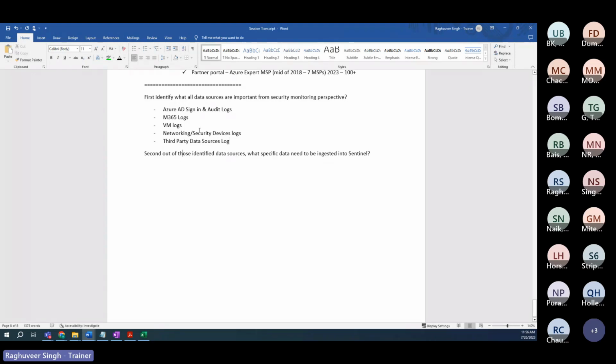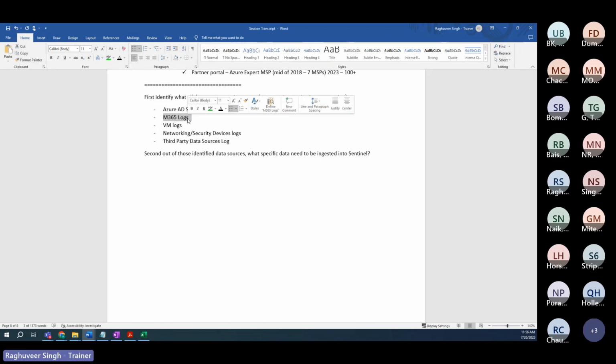Then comes the second question, which is, out of these identified data sources, what exactly do you want to collect? When it comes to Azure AD sign-in and audit logs, you must have seen in the connector there are more than 12 parameters. Similarly, from Office M365, you could have thousands of logs getting ingested.